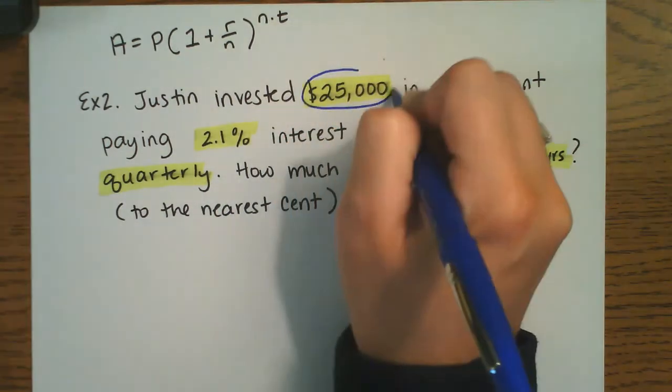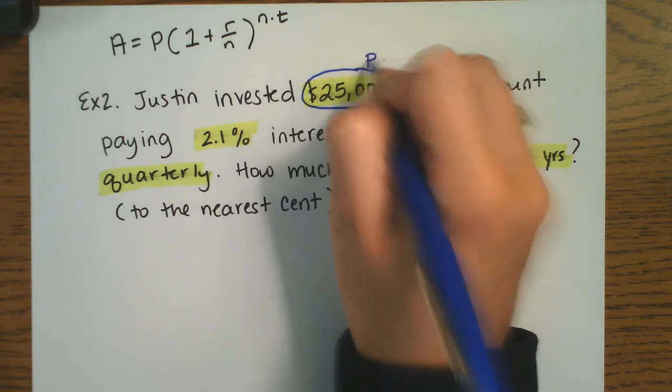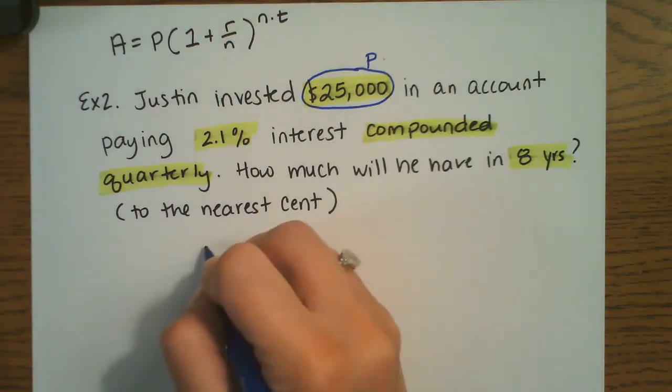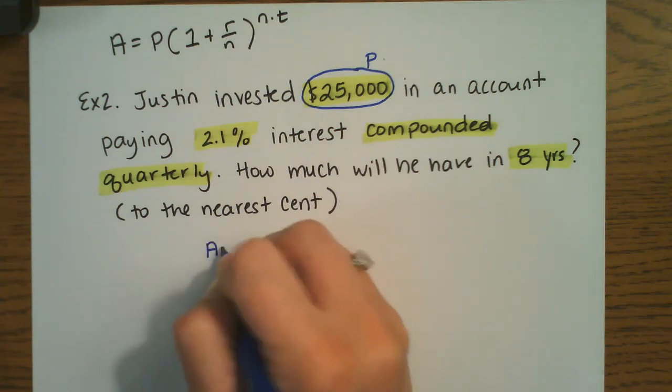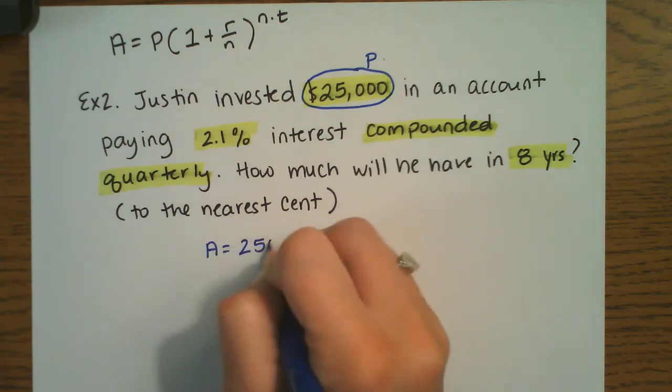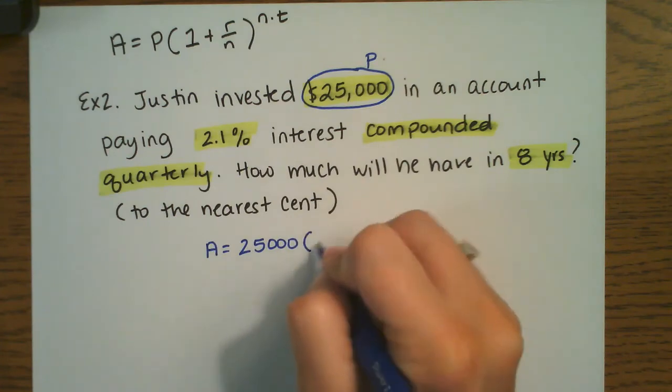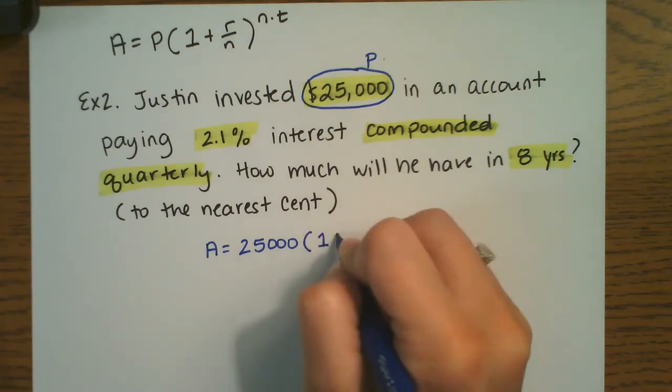P, your initial investment, is 25 grand. So A plus 25 times. It's always a 1 plus.